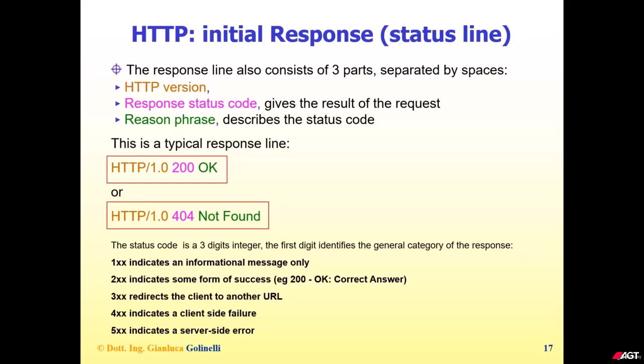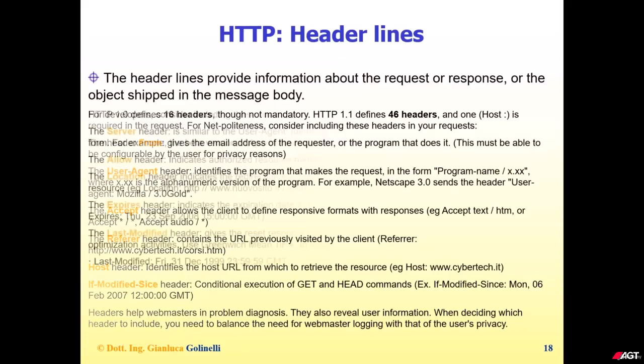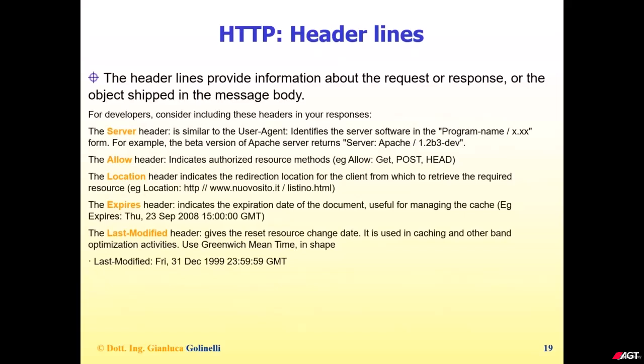And the third is a description of the status code. Here are some of the HTTP header fields most commonly used in request header lines, with an explanation of their meaning. And here instead are some of the HTTP header fields most commonly used in response header lines.